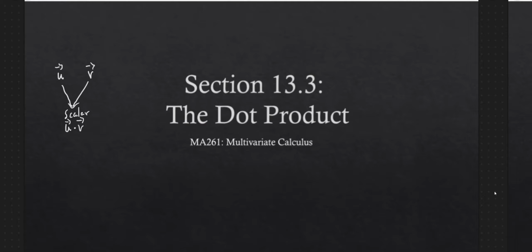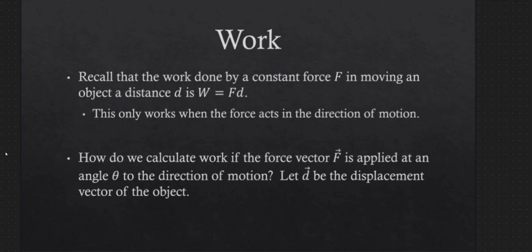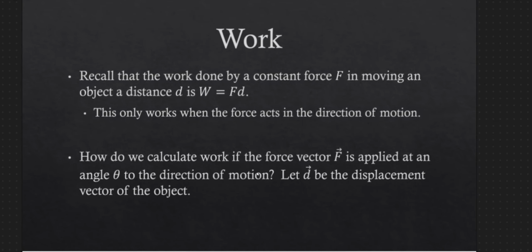Now, the motivation behind the dot product comes from an example in physics, and the best way to start any discussion of the dot product is to connect it to that physics idea. And the idea is of work. So what is work? Maybe you've encountered this before, but if we have a constant force, so imagine there's a big block, something like this, and you apply a constant force to that parallel to the ground, and the block moves around along the ground.